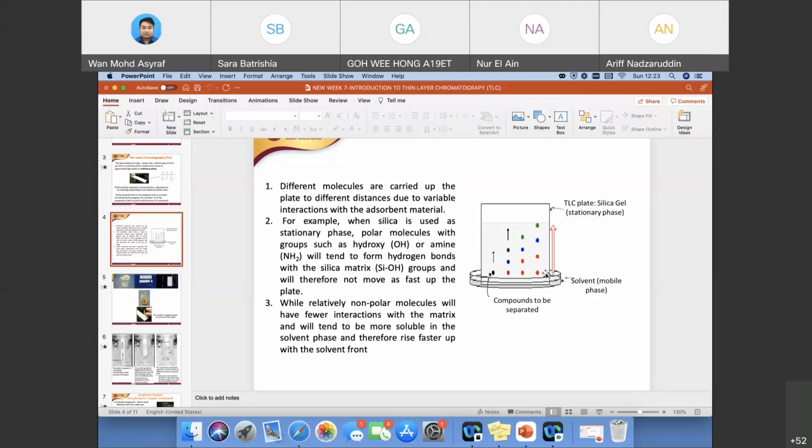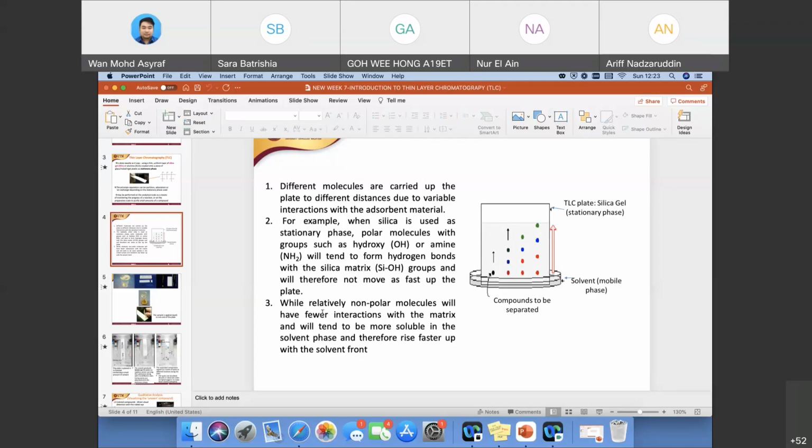So the green one is the non-polar compound because it moves as the mobile phase moves, because it does not have any interaction with the silica gel, which is the polar compound.